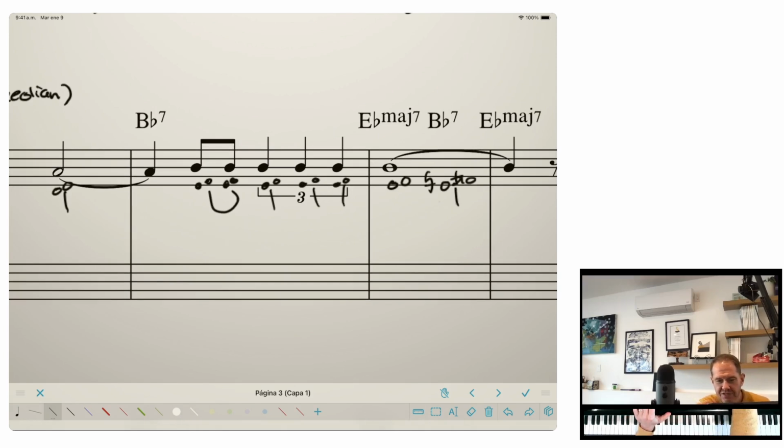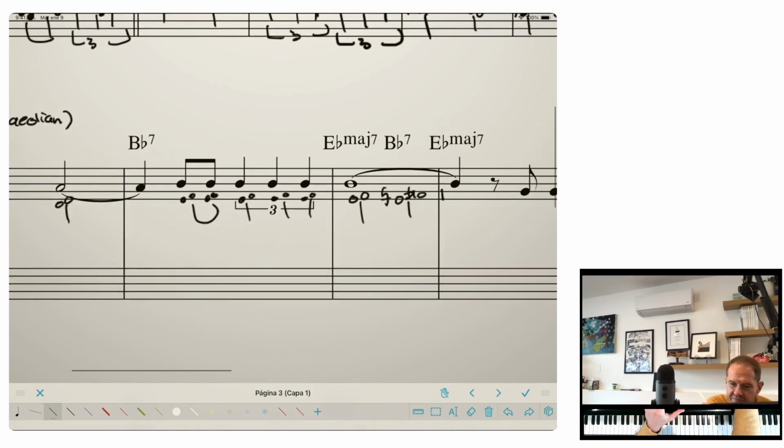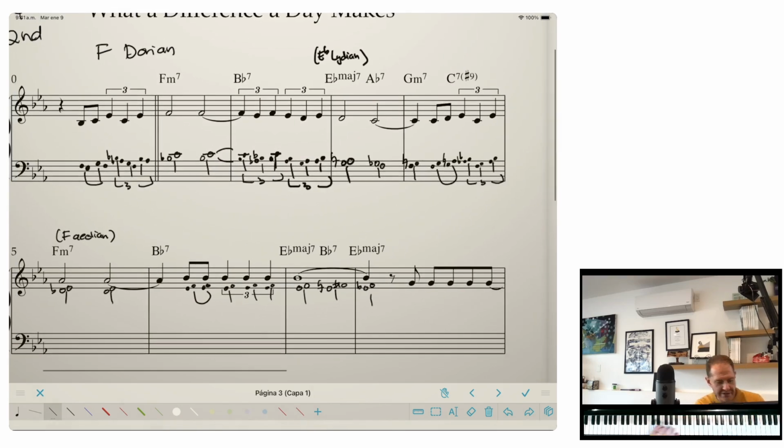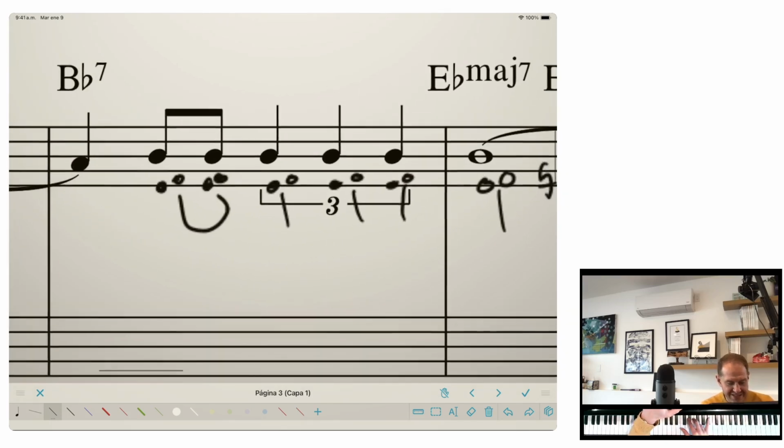I'm just going to move this by a half step from one place to another. So let's see, what does it sound like? If I were actually playing it, I don't think I would repeat.